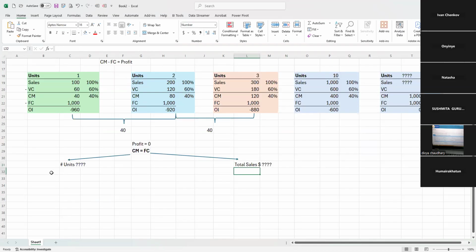Let's focus first on the number of units. Again, what's our objective? To get the contribution margin to be equal to the fixed cost. Once we get that, our problem is solved.